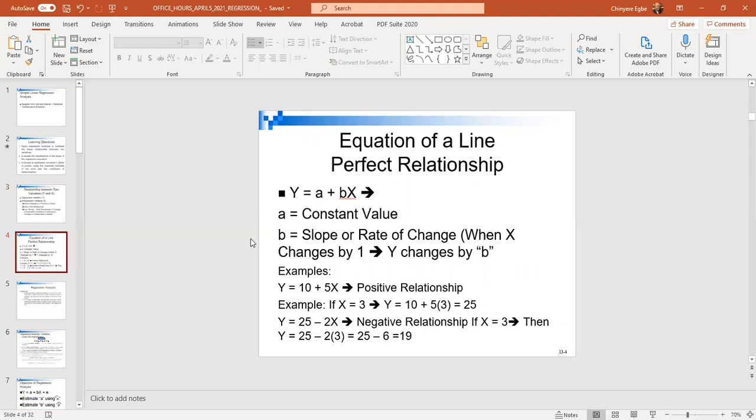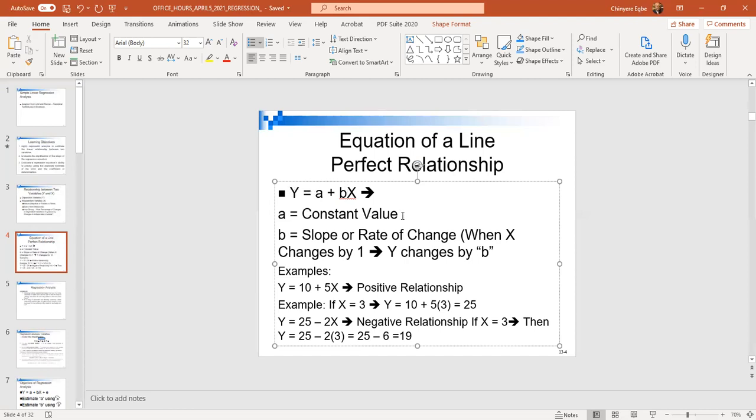In order to do a regression analysis, we have to estimate this equation of a line that you already know: Y equals A plus B times X. X is the independent variable and Y is the dependent variable.